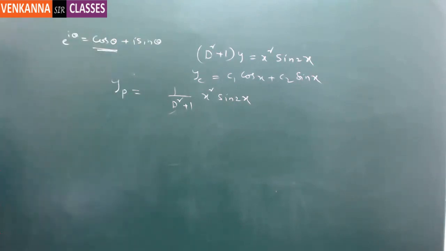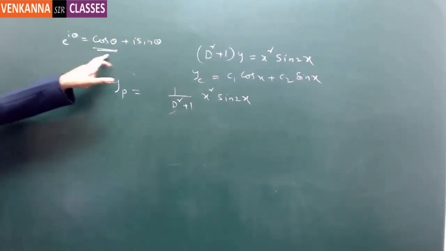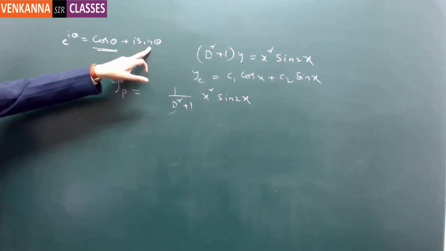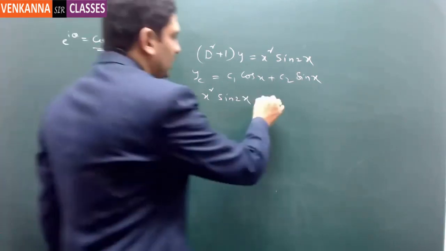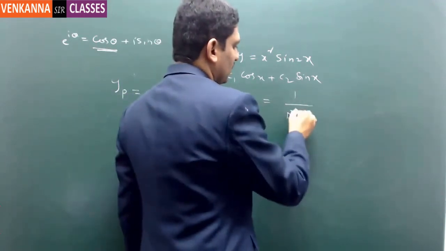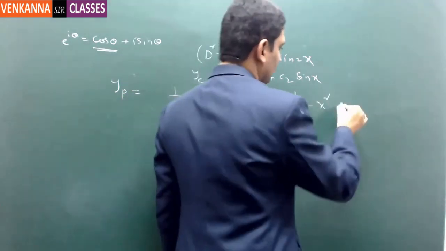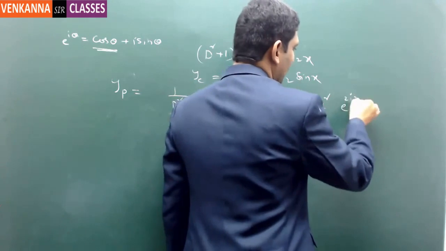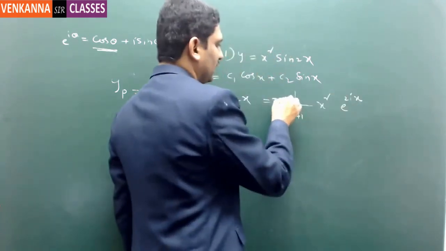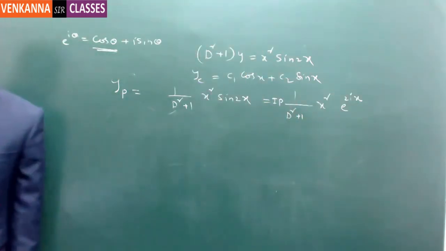Here cos function we call it as the real part and sin function we call it as imaginary part. So this can be written as 1 by d square plus 1 into x square e power 2ix. Before that we take imaginary part. Fine.